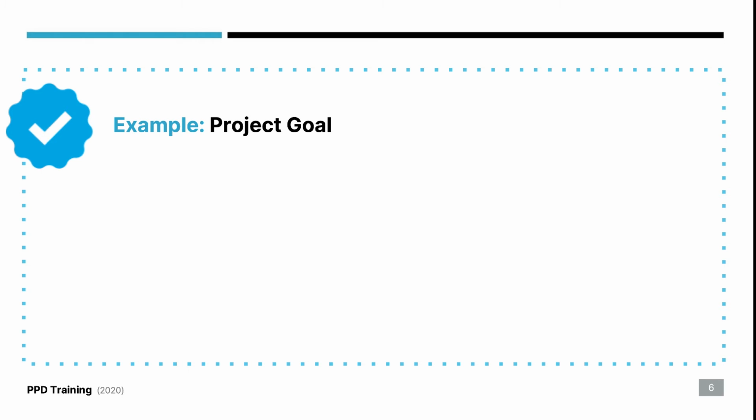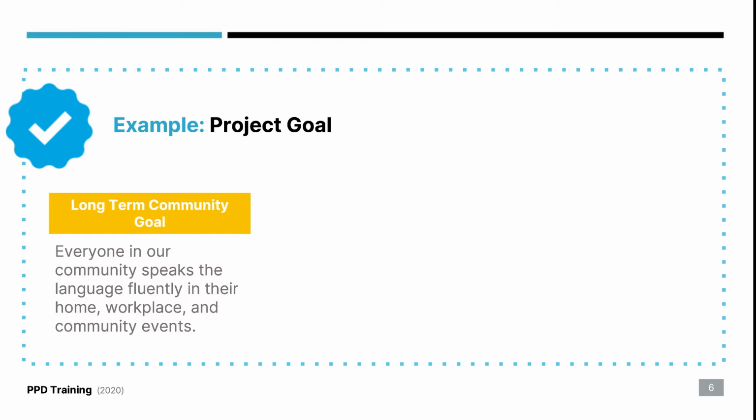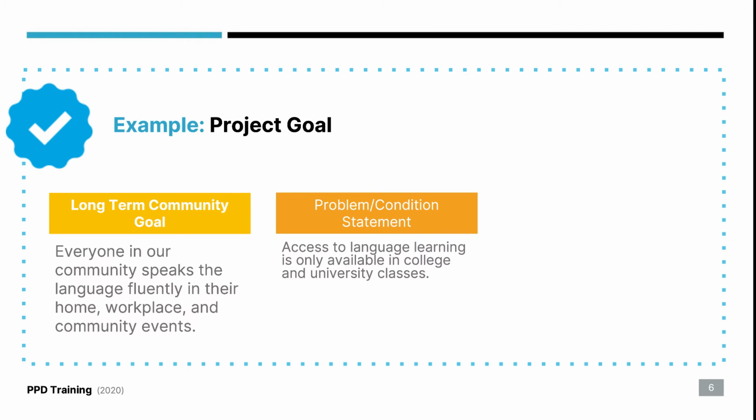Another example, if we are looking at developing a language project, we already identified the long-term community goal is that everyone in the community speaks the language fluently at home, at work, and at community events. And the identified current community condition was access to language learning is only available in college and university classes, right?